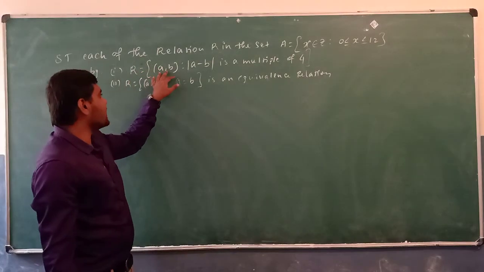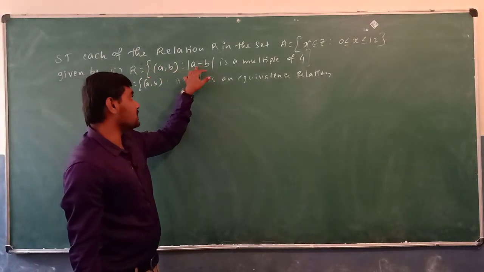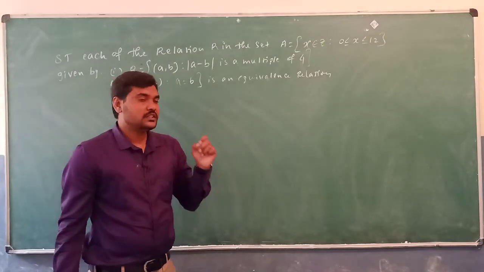So R is equal to (a, b) such that modulus of a minus b is a multiple of 4. Let me explain the solution of problem 1.